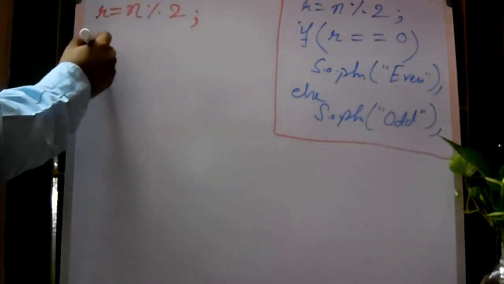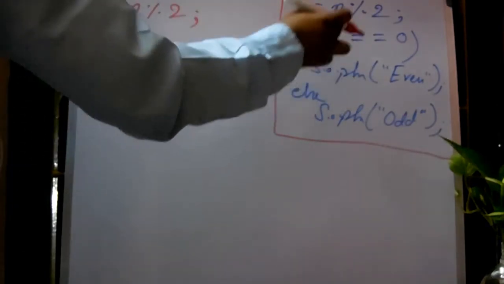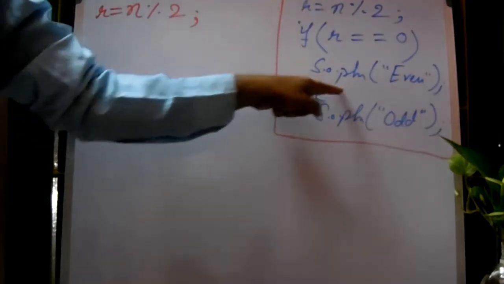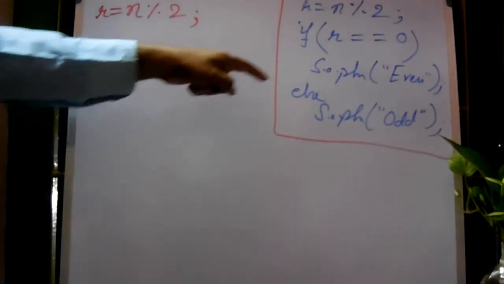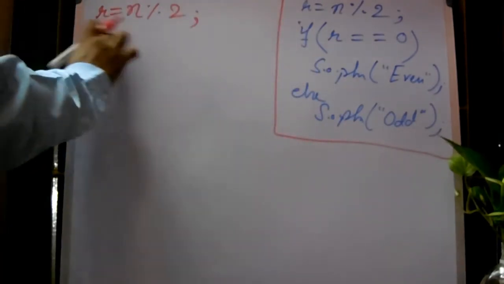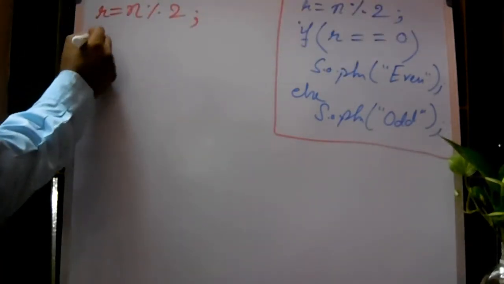Now you see, under the if block and else block, nothing is being stored here. In both cases it is printing. So in this case we will not write any equal to; we will start directly from the condition.